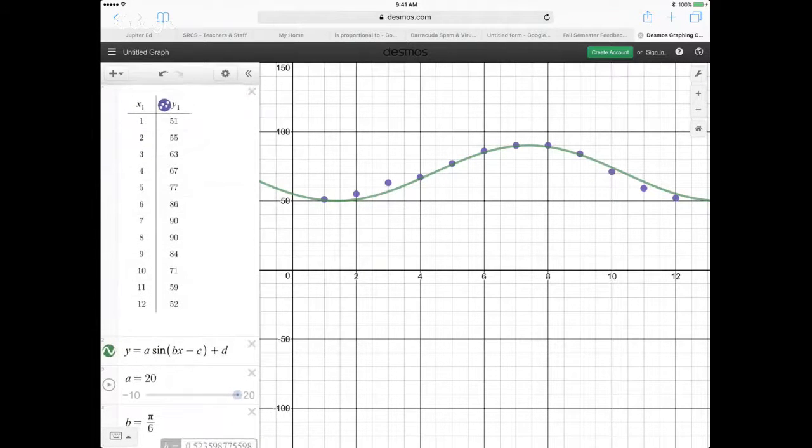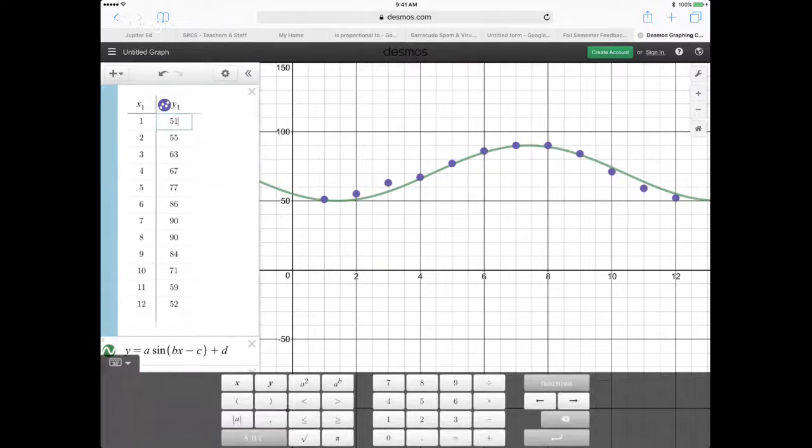I noticed that my lowest number was about 50 and my highest number was about 90. So I said, okay, between 50 and 90 is about 40. And the amplitude must go up 20 and down 20. Yeah, Oscar, both of them will be up there. Any other questions about 95?